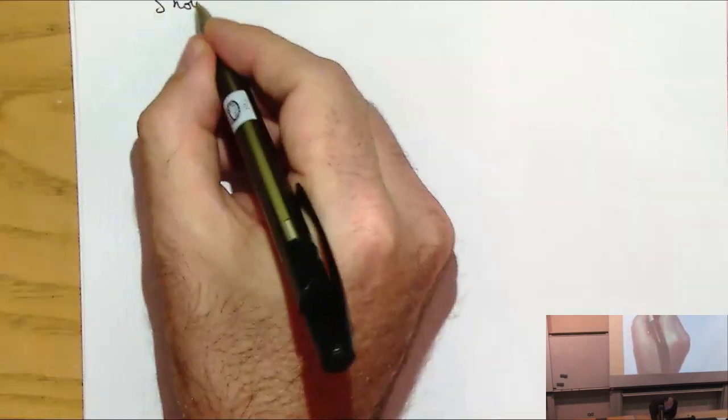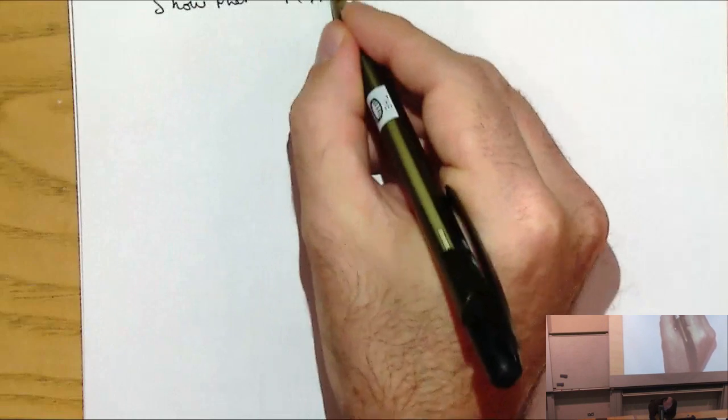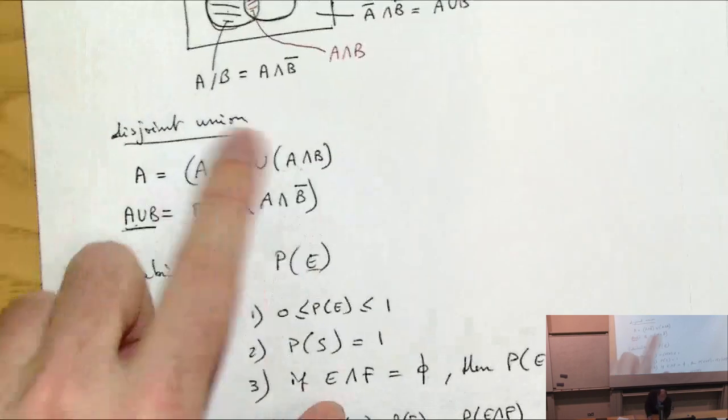I want to show that indeed the probability of not A given B is equal to 1 minus the probability of A given B. So how can we do this? Well, we can start with what we did here.